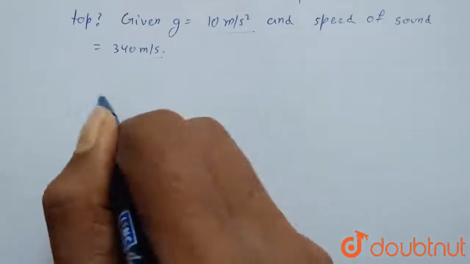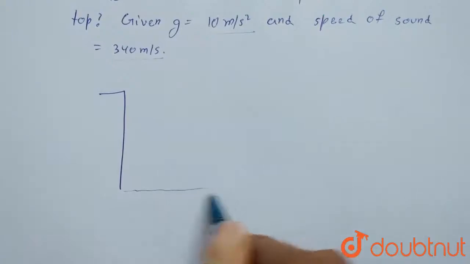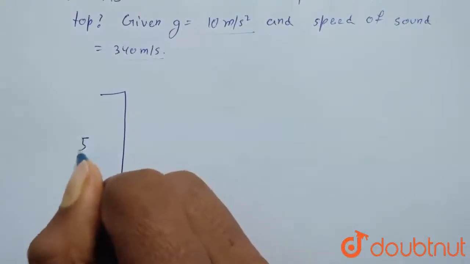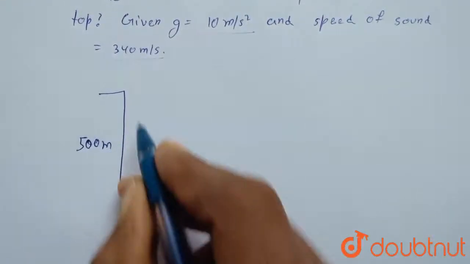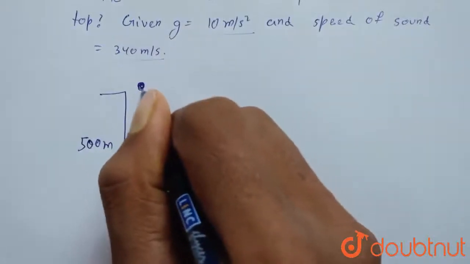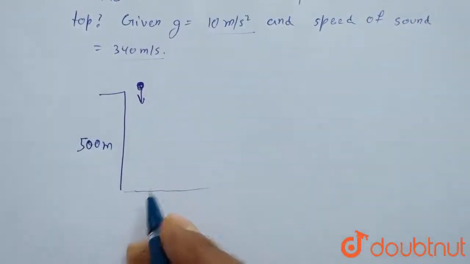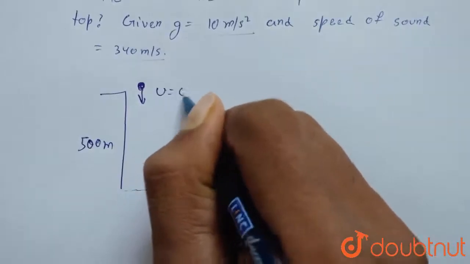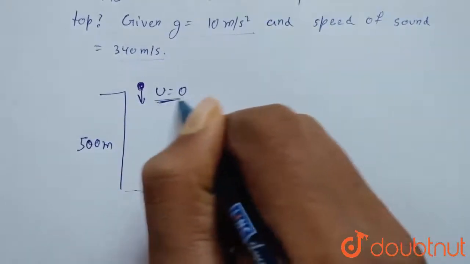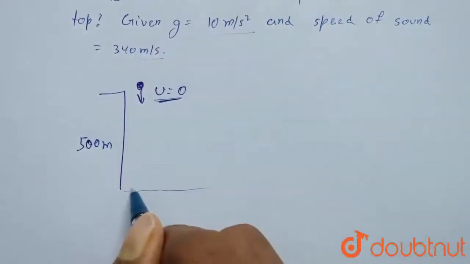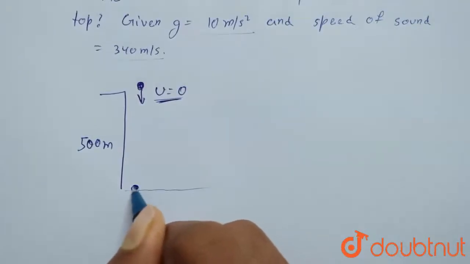So suppose this is our tower and we have a pond at the base of the tower, and the height of this tower is 500 meter. A stone is dropped from the top of this tower and its initial velocity will be 0 because it is dropped from the top of the tower, and it will reach the ground after some time.